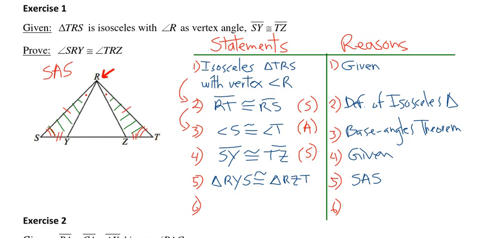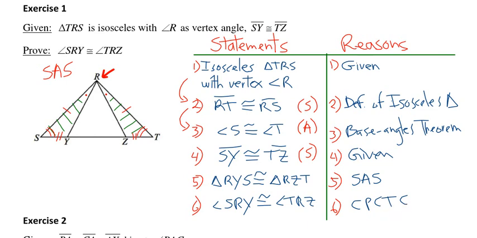So angle SRY is congruent to angle TRZ by CPCTC, which means that because the triangles are congruent on the previous step, we know that these angles are congruent, because all the corresponding parts of congruent triangles are congruent.